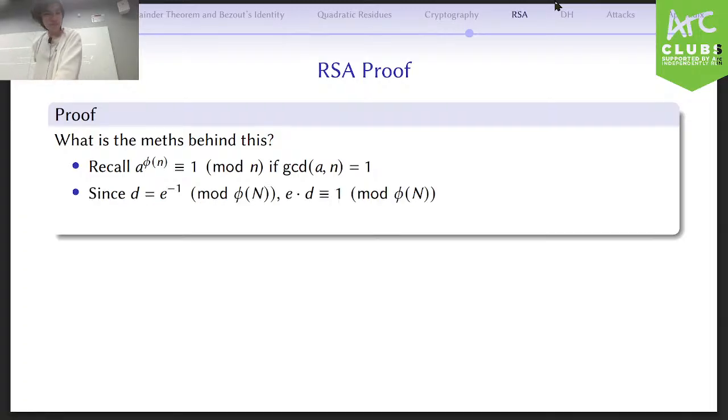Since D is the modular inverse of E mod totient N, by definition we have E times D equals 1 mod totient N. Therefore, E times D is 1 plus some multiple of totient N.